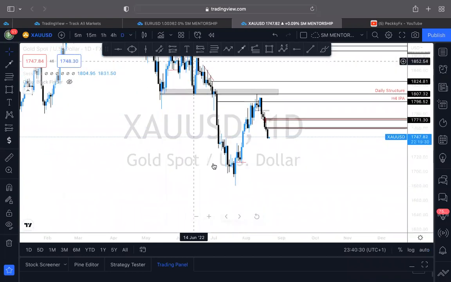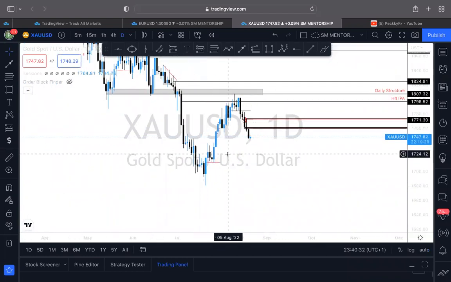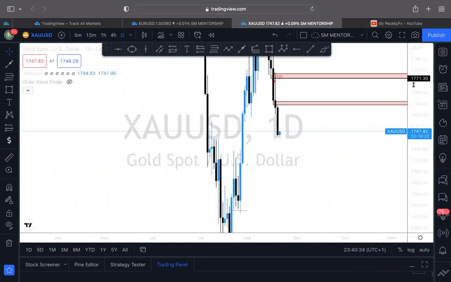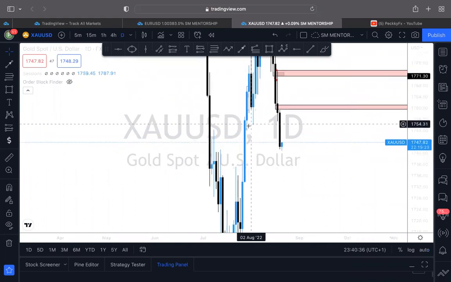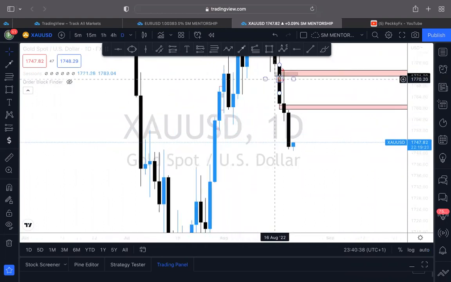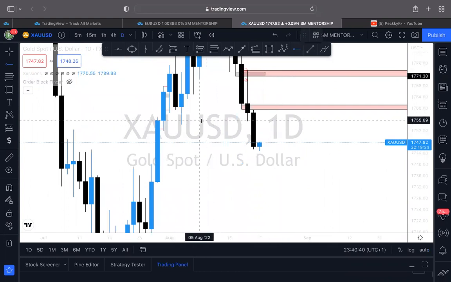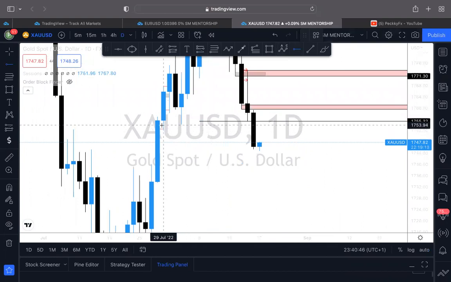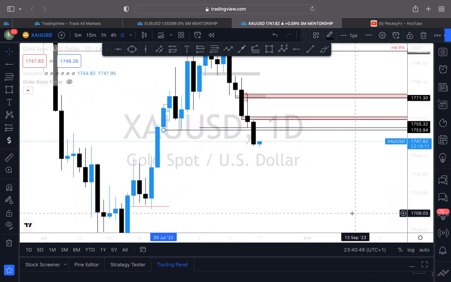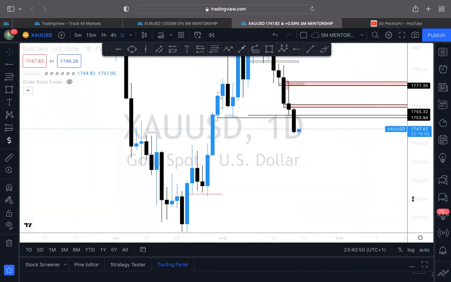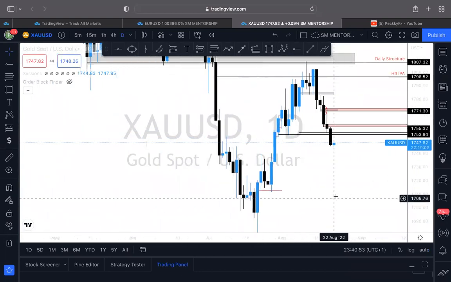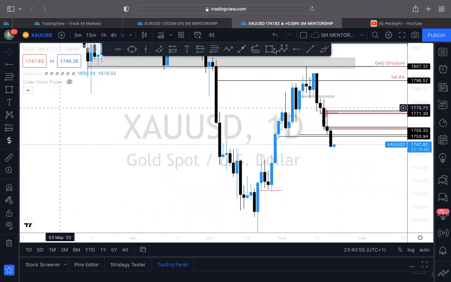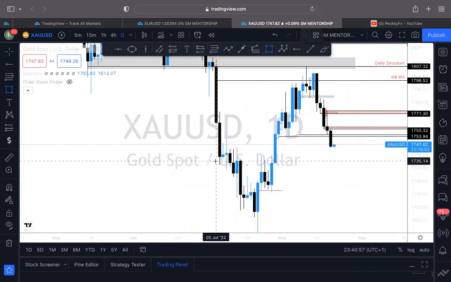That being said, so the same thing, expecting gold to, okay, we have closed here, we have an IPA, so we're still looking for gold heading to the downside. So looking for gold heading to the next structure on the daily we have here.